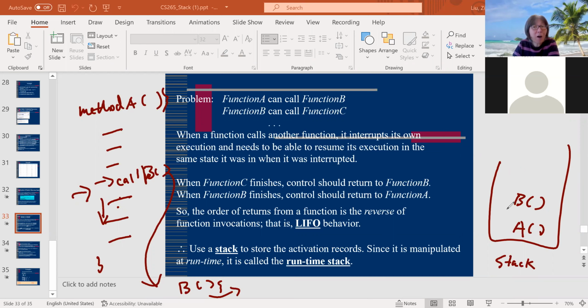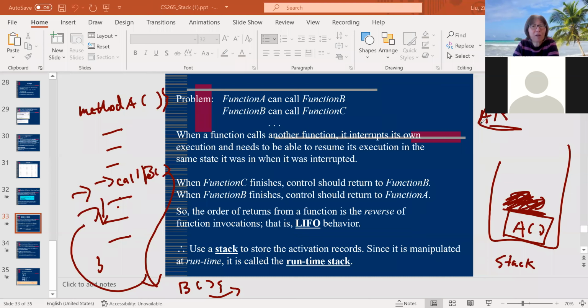The top one on the stack is the most current one. Okay, B is executing. So that when B finishes, you remove it from the stack, and then you can go back to A. Because that activation record keeps track of where you jumped into another function, so you can resume back your state.